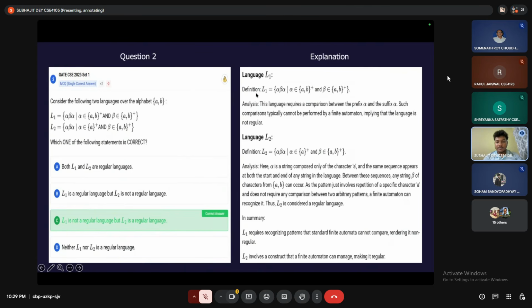For L1, the strings are of the form alpha beta alpha, where alpha belongs to {a, b} and beta belongs to {a, b}. For L2, the strings are alpha beta gamma, where alpha belongs to {a} and beta belongs to {a, b}. In summary, L1 requires a recognition pattern that standard finite automata cannot compare, rendering it non-regular, and L2 involves a construction that a finite automaton can handle, making it regular.